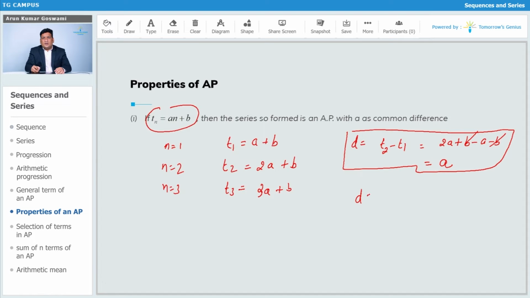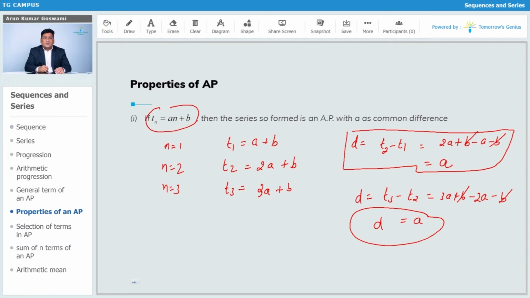So d is T3 minus T2, which is 3a plus b minus 2a minus b. So b cancelled out, and we got again a. So yes, the common difference is a. In this kind of series where my Tn is an plus b, the series formed by putting n values will be nothing but an AP only, and the common difference is a.